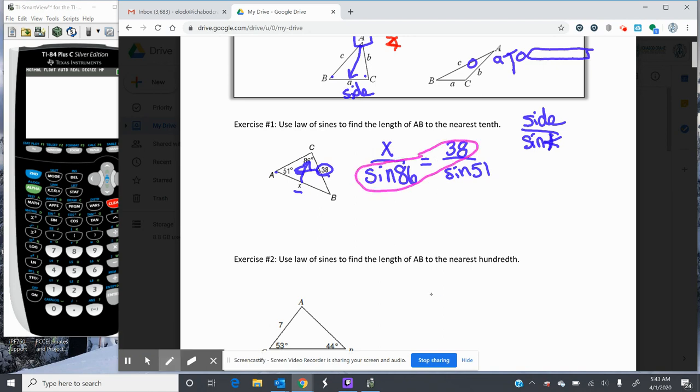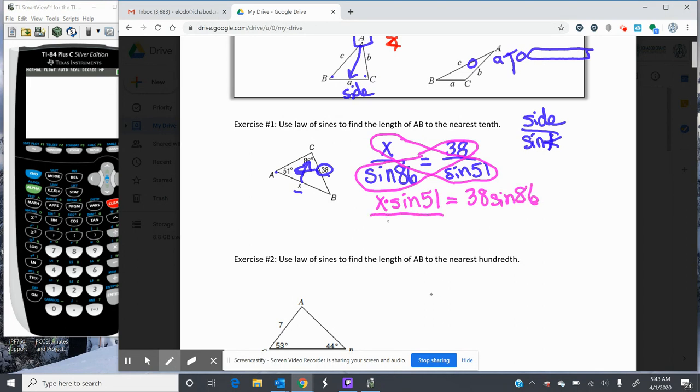So 38 gets multiplied by sine 86, x times sine 51. So I always start with my x value. So remember, x times sine 51 equals 38 sine 86.